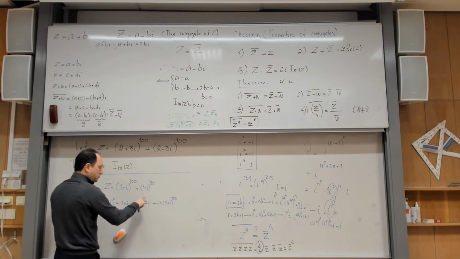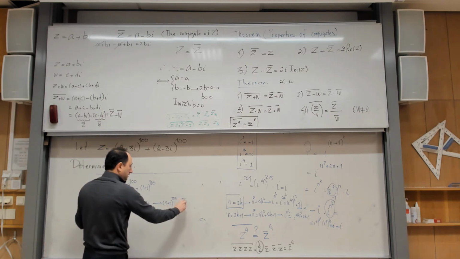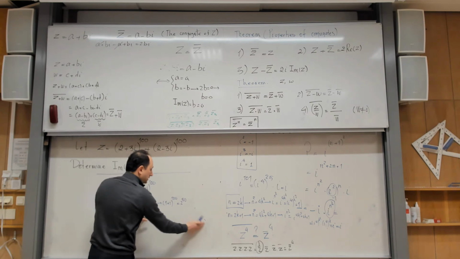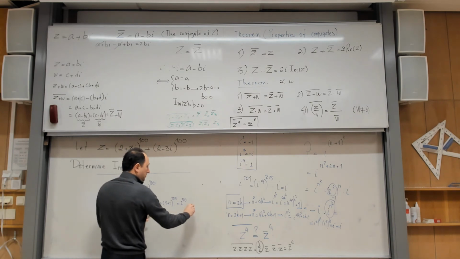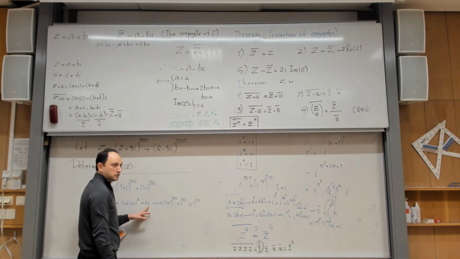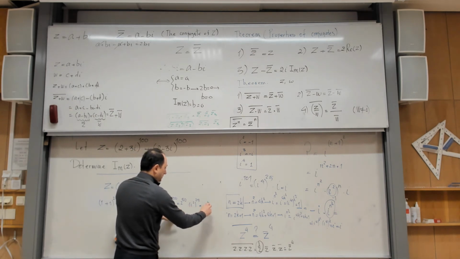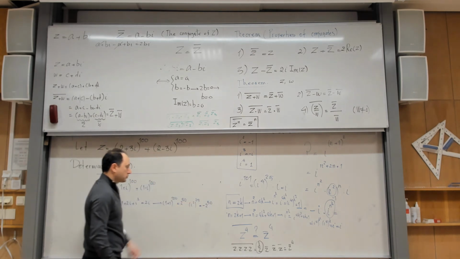If I raise these to power 50, it becomes 2 to the power of 50. And then i to power 50, I can calculate it as i squared to the power of 25. Yes? And then when this becomes -1, it becomes -2 to the power of 50. So it becomes real.